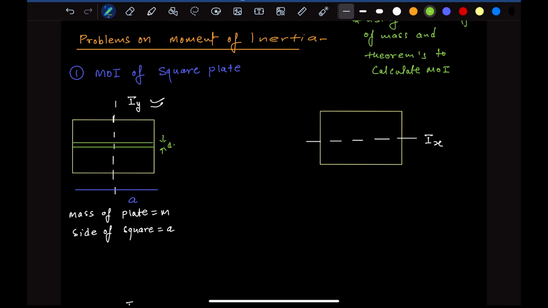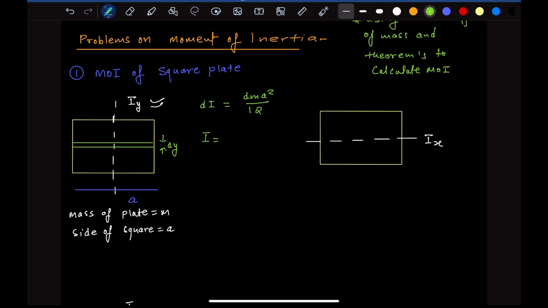dy, then the moment of inertia of this rod will be dI, and the length of this rod is a. Let's assume that the mass of this rod is dm, so then it will be dm a square divided by 12, right? And now I can integrate and find out the total moment of inertia.